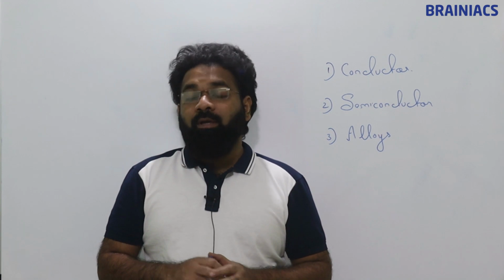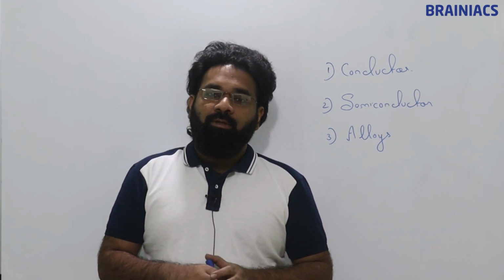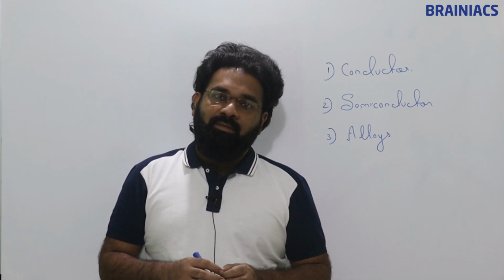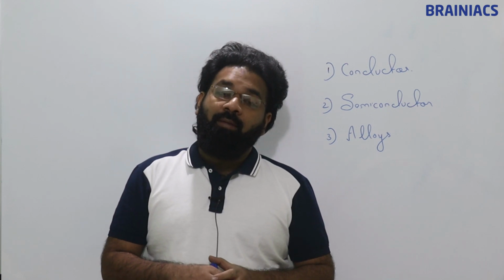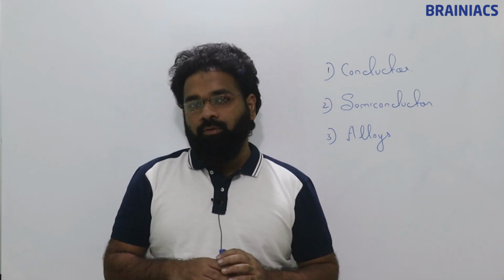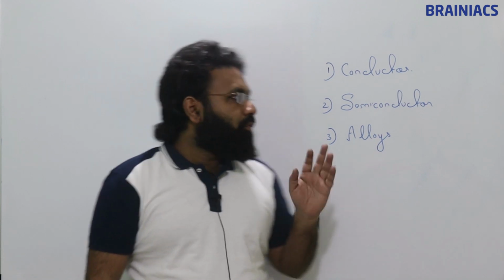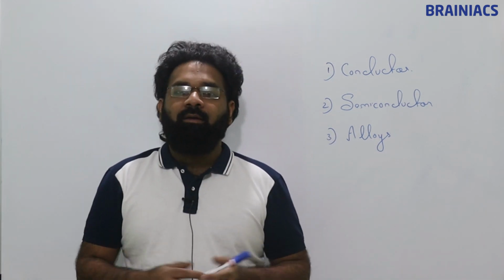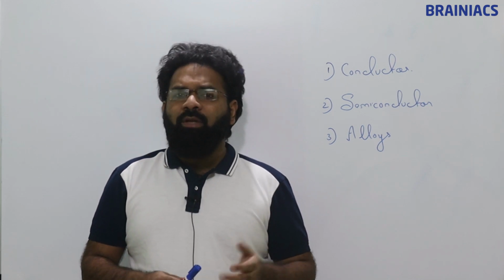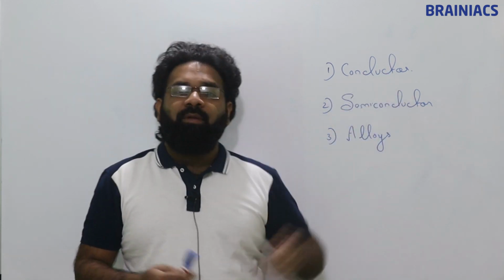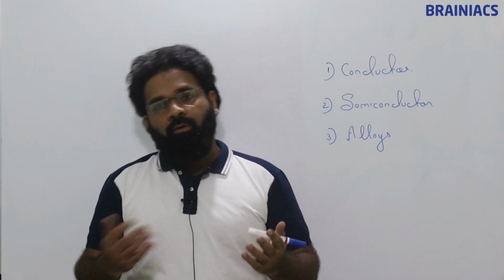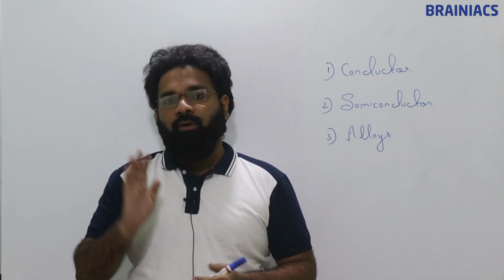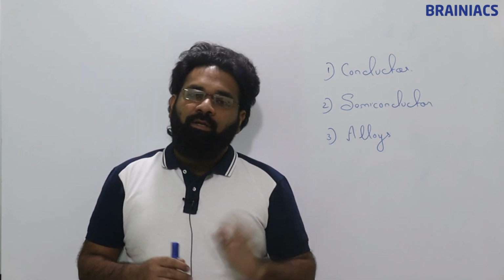So we cannot accept such change in resistance, we need to reduce the temperature dependency. So what we do, we make alloys with such materials, a mix of conductor and semiconductor, or materials where temperature will not affect the resistance.